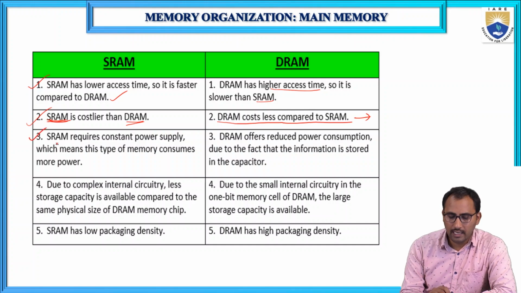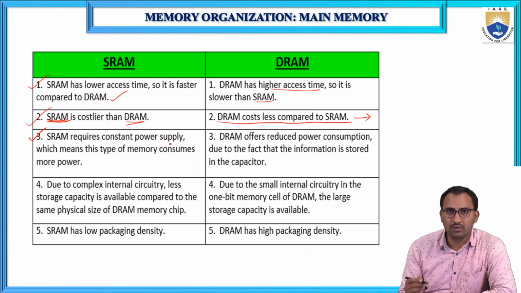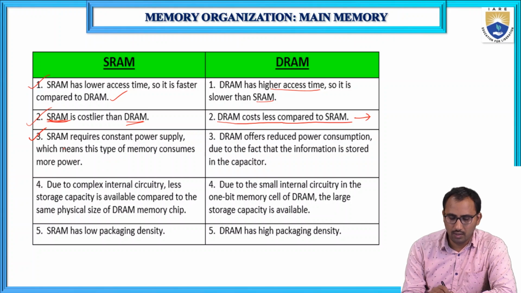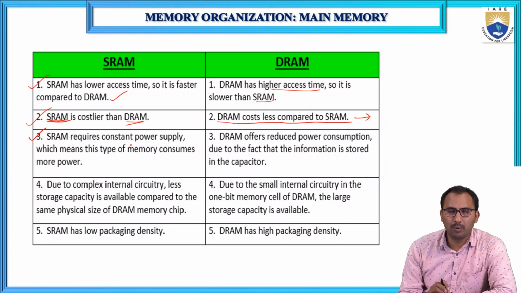Third, SRAM requires a constant power supply, which means this type of memory consumes more power, because the power consumption is directly proportional to the number of components, and in the SRAM there are more components. DRAM offers reduced power consumption due to the fact that information is stored in the capacitor.